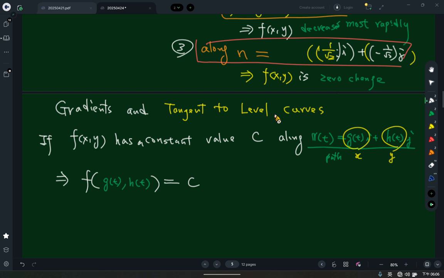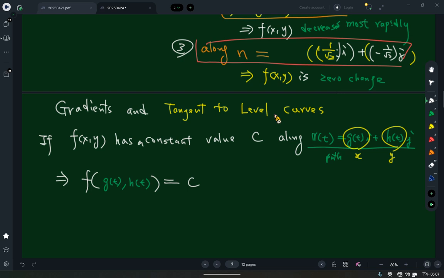So if f has a constant value c along this path, and we use this position vector to describe the path, then x will be g of t, y will be h of t. All of the x, y pairs, which are g of t comma h of t, represent points on this curve, and their function value is always c.